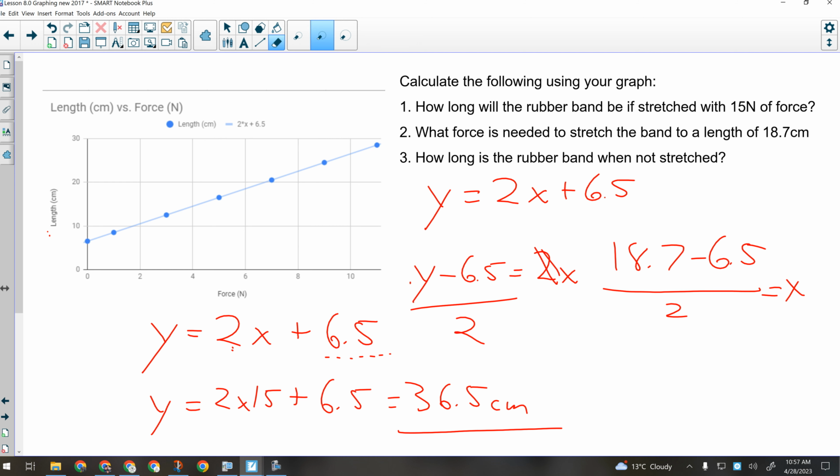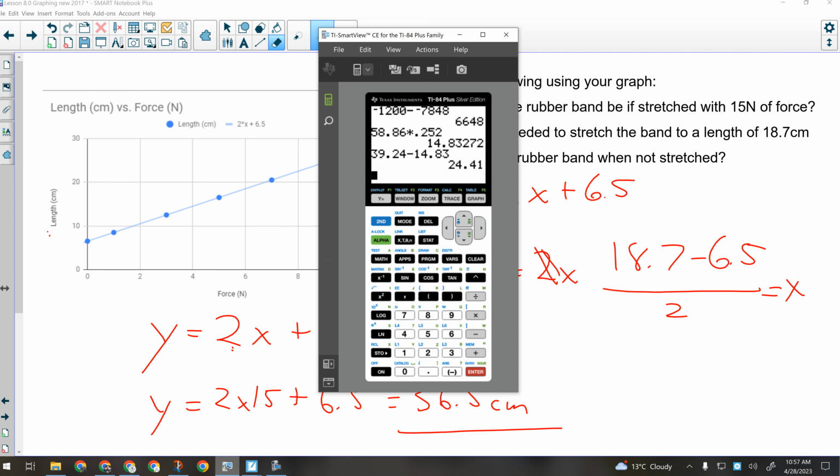So we take our 18.7 minus 6.5, and we divide it by 2. That is telling me that it will be 6.1. I'll be using 6.1 newtons worth of force to stretch it that far. Everybody all right with that?